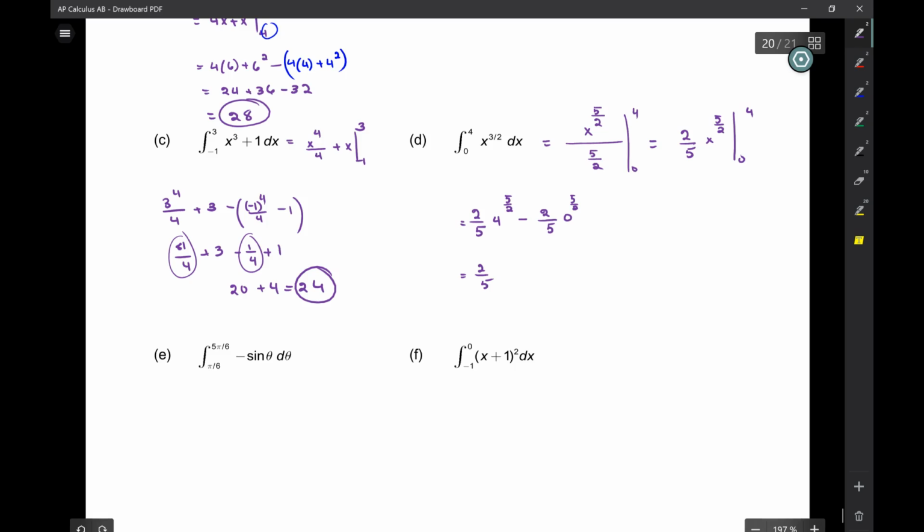Right, but like, what's 4 to the power of 5 over 2? So basically, 4 to the 5 over 2 is equal to the square root of 4 to the power of 5, right? And root 4 is 2, and 2 to the power of 5 is 32. And that's 64 over 5.